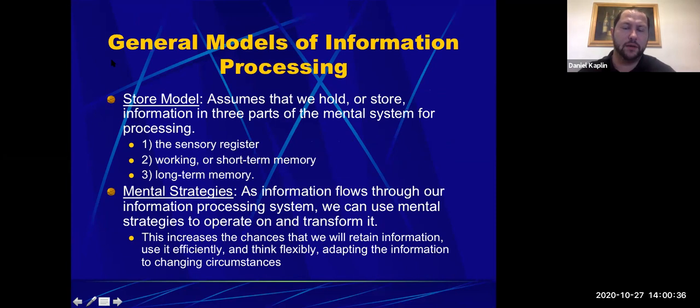The store model assumes that we hold or store information in three parts of the mental system. There is the sensory register, there is the short-term memory, and then there's the long-term memory. Now, the sensory register is things that trigger or activate one of our senses. Then it should be processed to short-term memory.